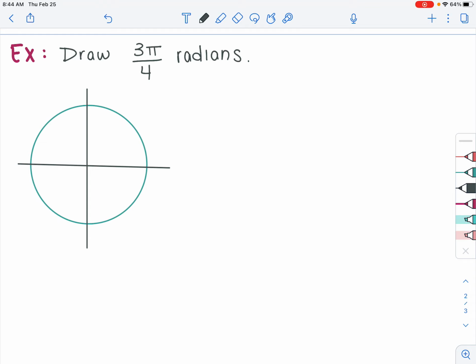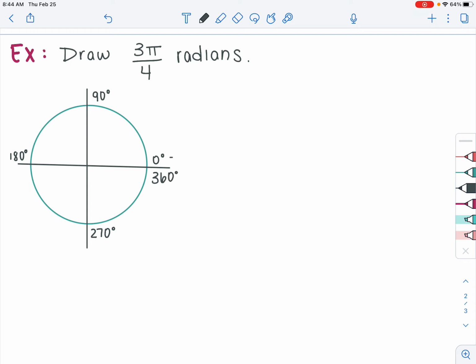So if I wanted to find 3 pi over 4, we know this is 0, 90, 180, 270, and 360.